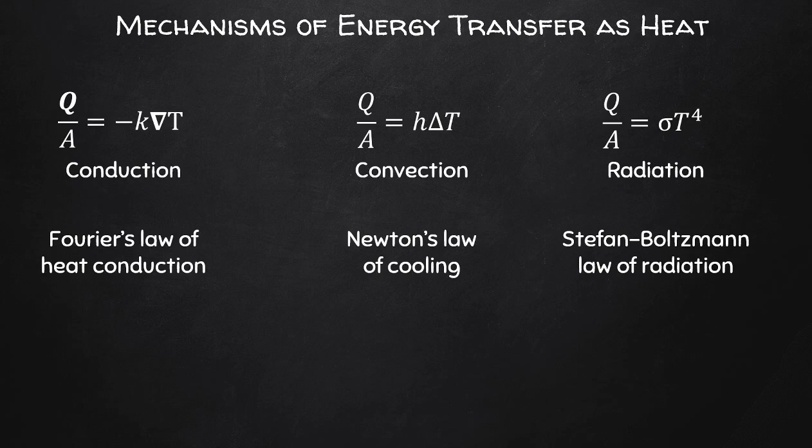And then the Stefan-Boltzmann law of radiation relates to energy being transferred due to electrons becoming excited and then dropping back down to the ground state and releasing radiation in the form of packets of photons. Okay, photonic wave, electromagnetic radiation.